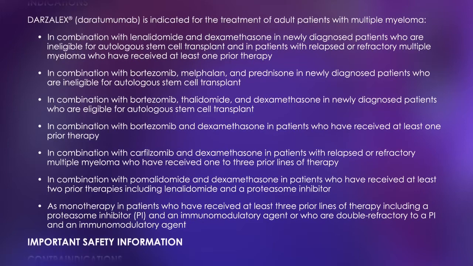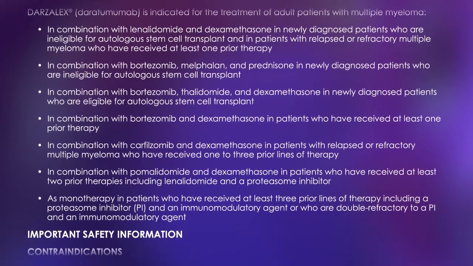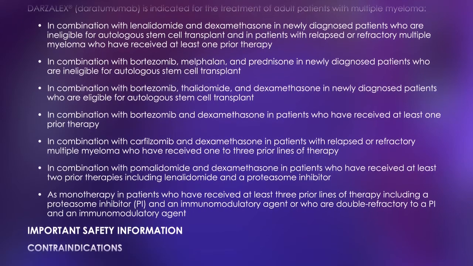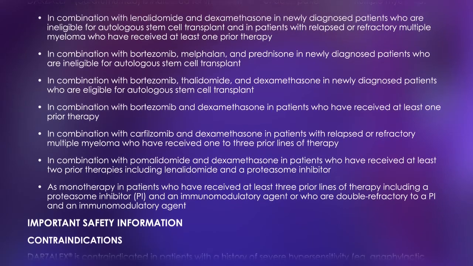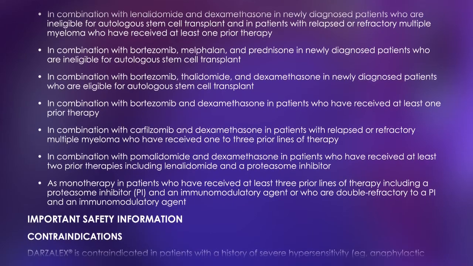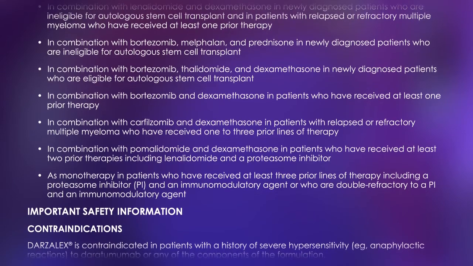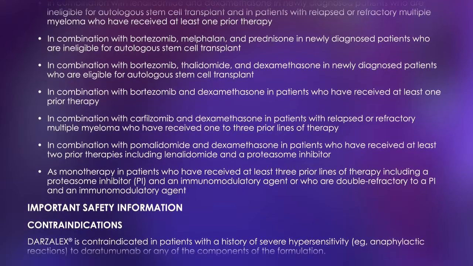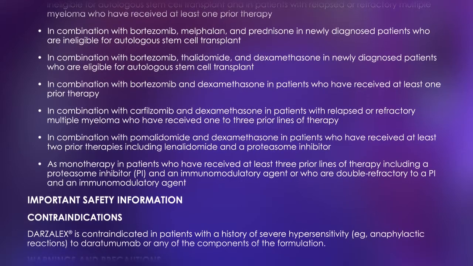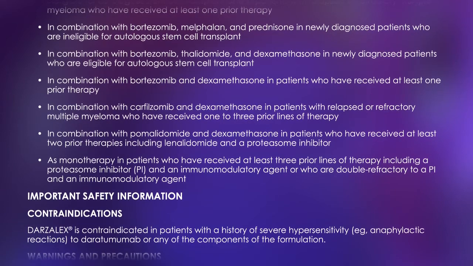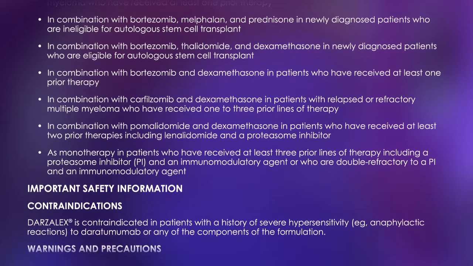are eligible for autologous stem cell transplant, in combination with bortezomib and dexamethasone in patients who have received at least one prior therapy, in combination with carfilzomib and dexamethasone in patients with relapsed or refractory multiple myeloma who have received 1 to 3 prior lines of therapy, in combination with pomalidomide and dexamethasone in patients who have received at least 2 prior therapies, including lenalidomide and a proteasome inhibitor.